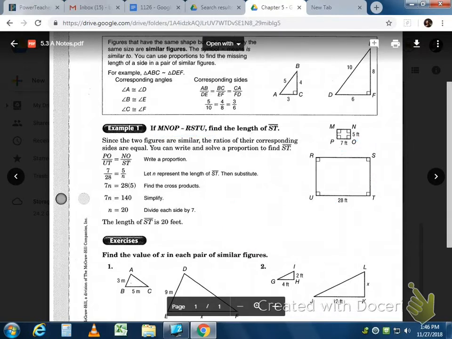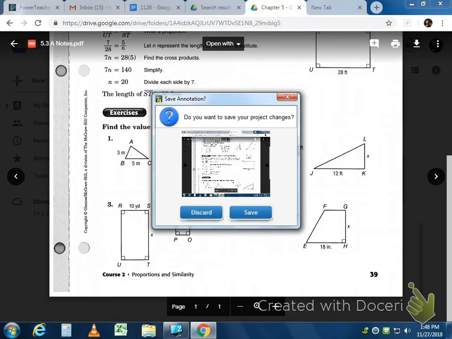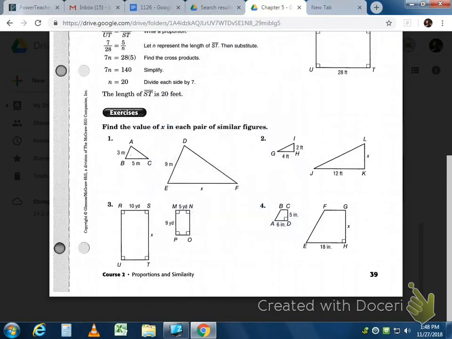So let's try some all on our own that aren't done already. Let's look at number 1. I'm going to set up this proportion, and I'm going to go small to big.